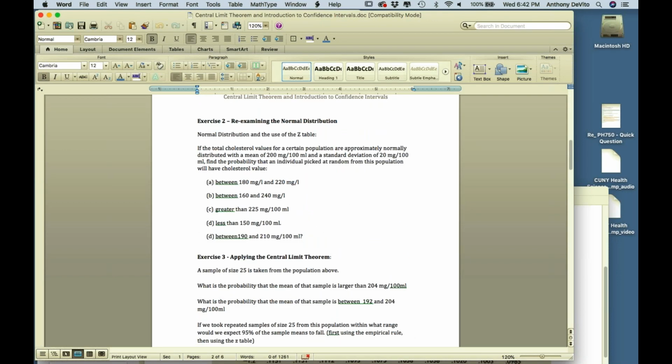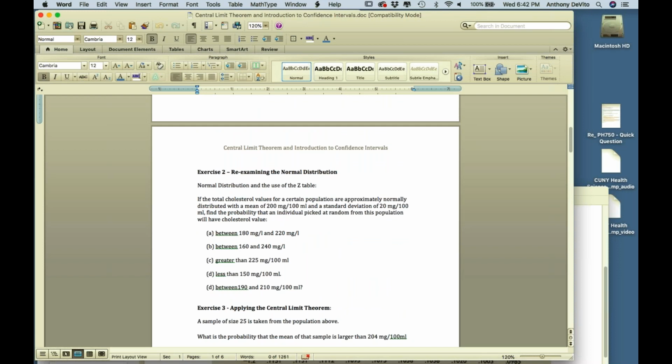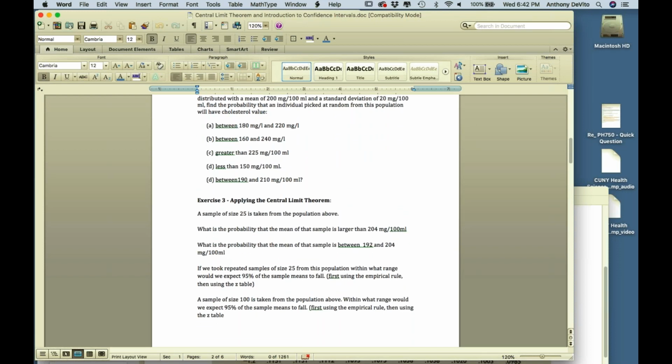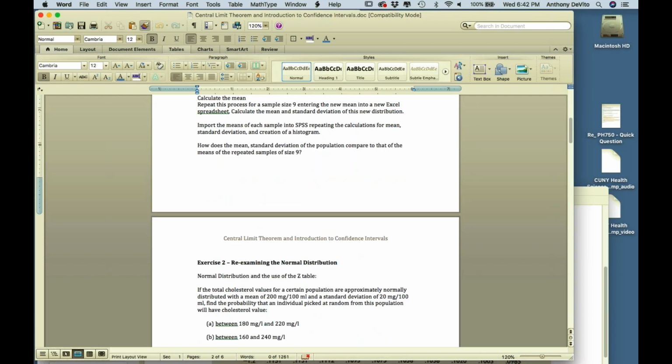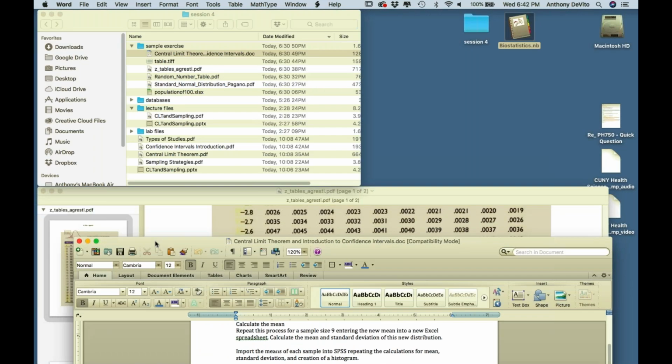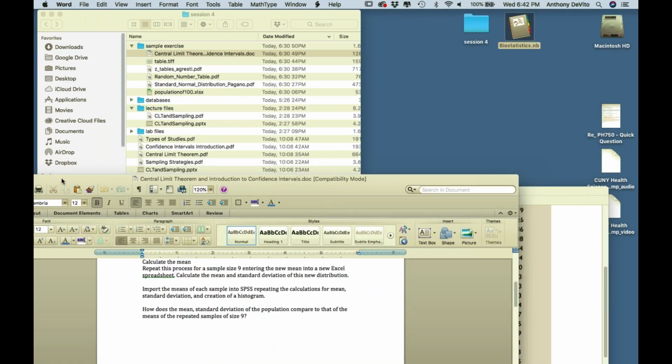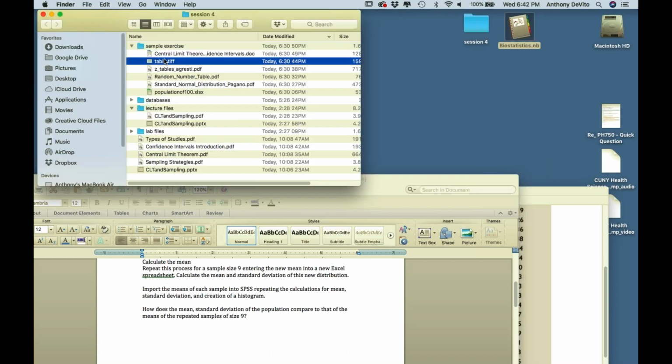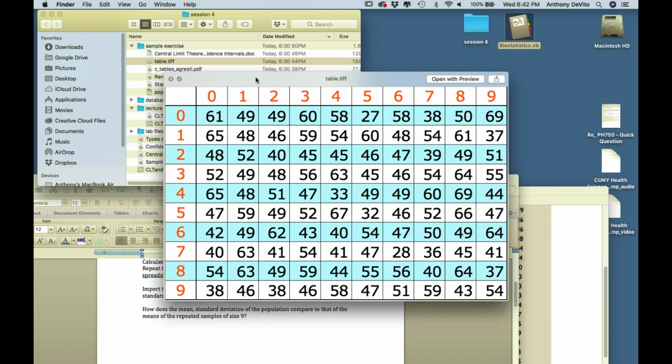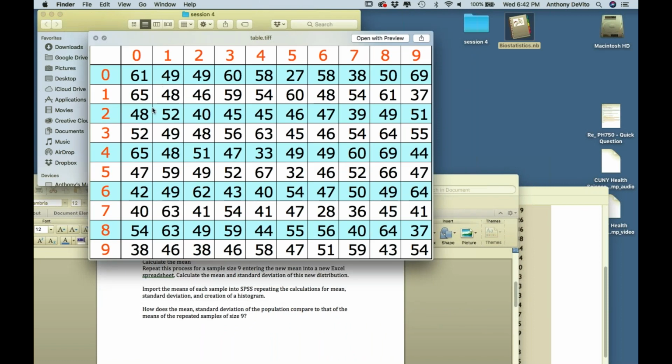But I'm going to do it kind of free form so that you guys can look at this, go back over it again, and so on. I've also given you some other files here. I've given you a table that you saw in that document, and this table has a series of 100 numbers in it.